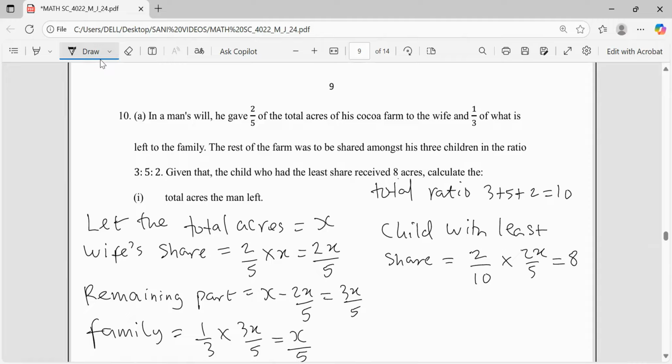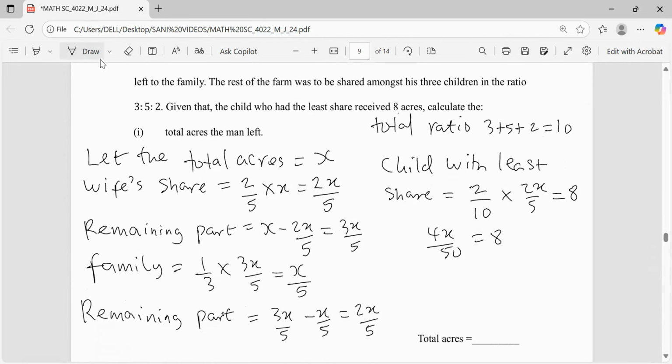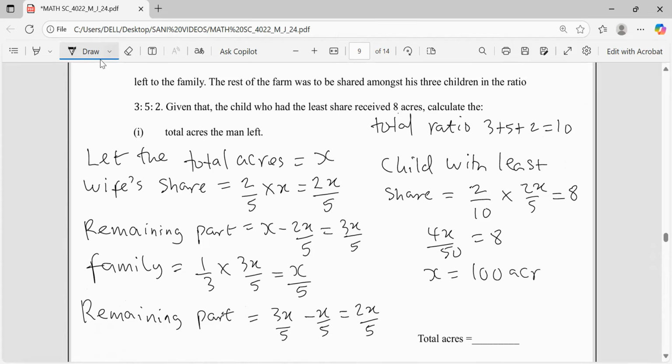And we have 4x over 50 equals 8. Cross multiplying, we have x as 100 acres. So the total acres that was shared is 100 acres.